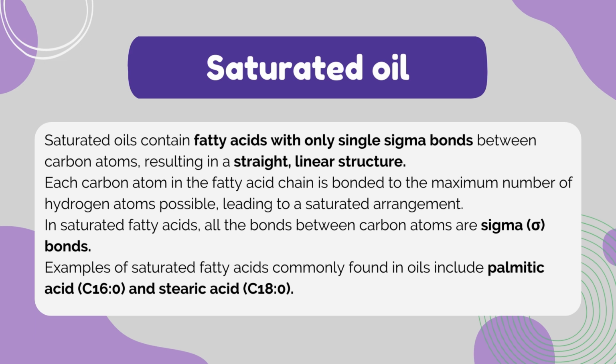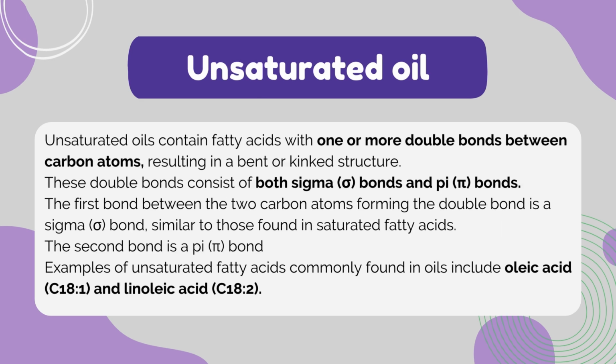Examples of saturated fatty acids commonly found in oils include palmitic acid, 16-carbon, 0 double bond, and stearic acid, 18-carbon, 0 double bond. Unsaturated oils contain fatty acids with one or more double bonds between carbon atoms, resulting in a bent or kinked structure. These double bonds consist of both sigma bonds and pi bonds.